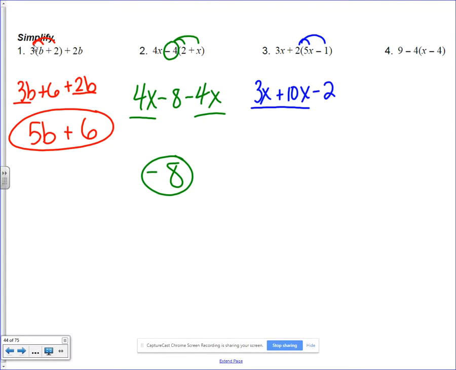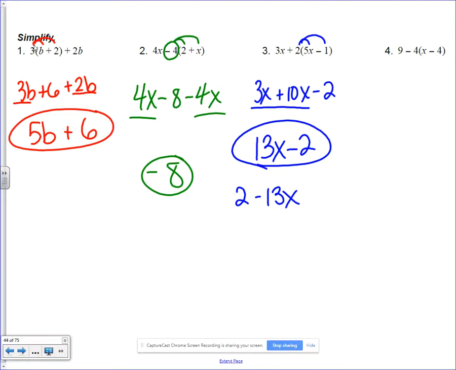What do you get when you put those like terms together? 13x. Drop down your constant. -2. Question for you. Is this the same as this? No. Is this the same as that? Yes.